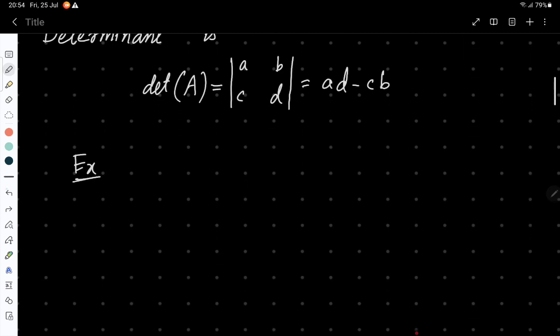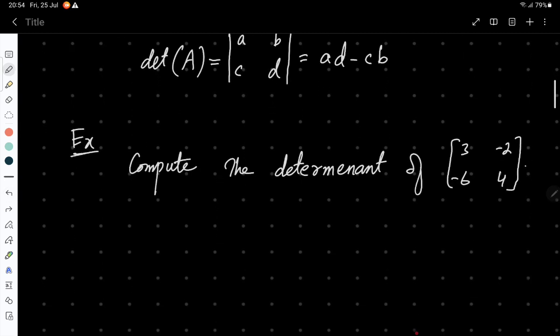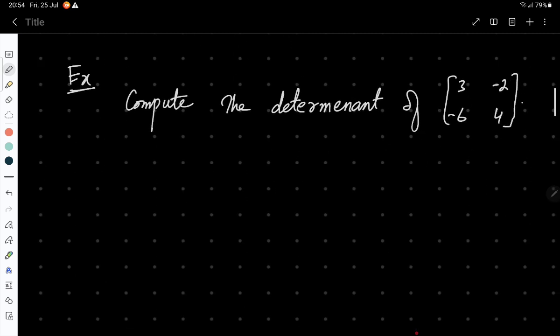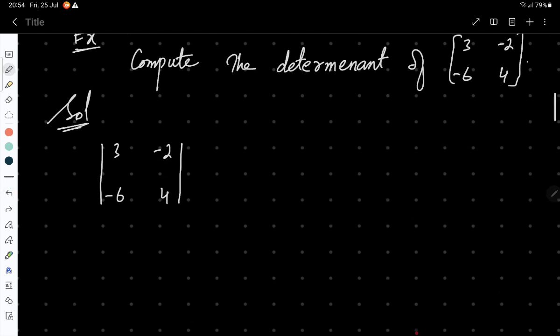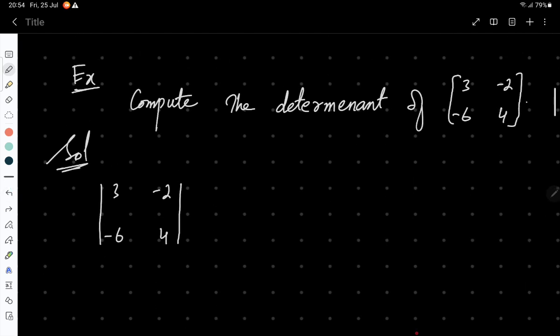So let's do an example. In this example, we have to compute the determinant of this matrix. Here is the solution. In order to compute the determinant, as I have told you, I will draw the straight lines to show that I am doing the determinant.